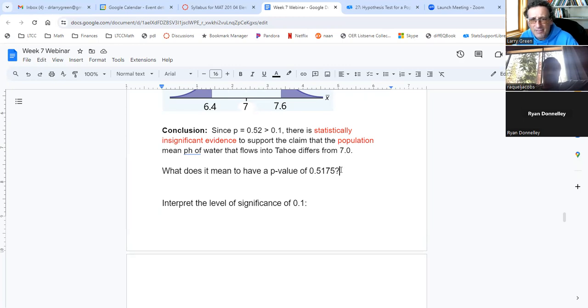Okay, what does it mean to have a p-value of 0.5175? So let's type this out.